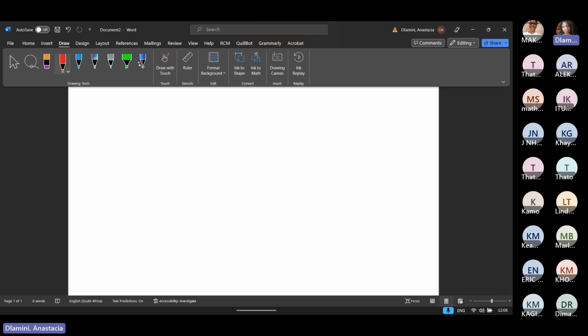Now, what is the mother function or parent graph of a straight line? Guess. Y equals what? Y is equal to x.